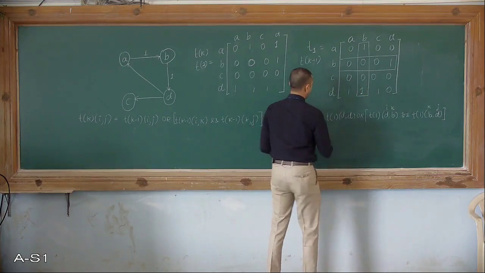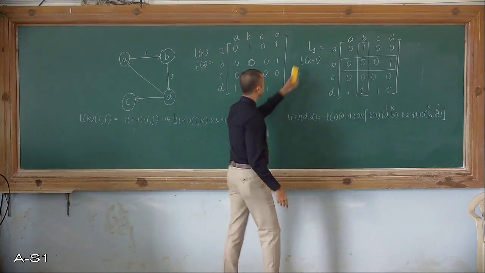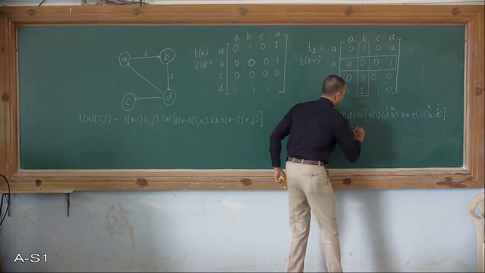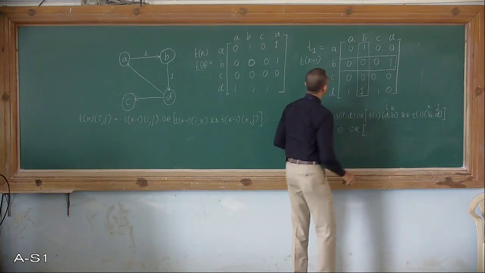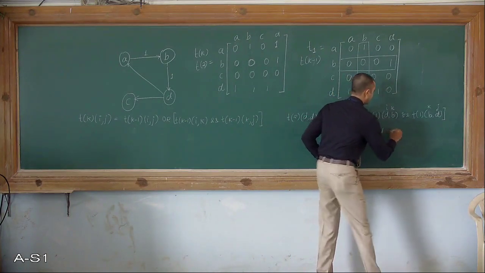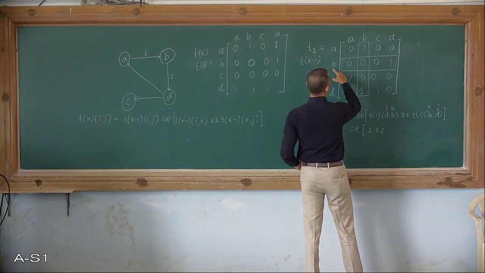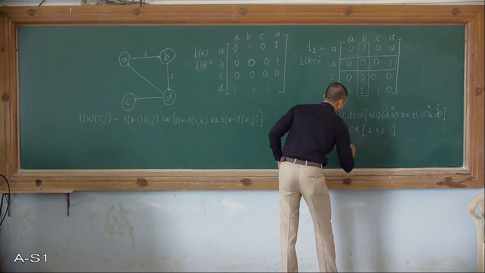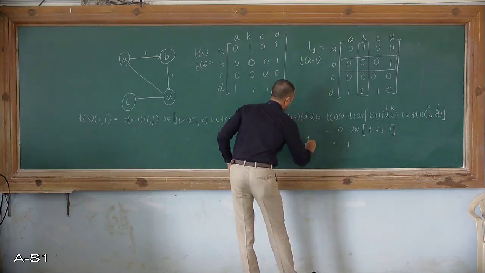In T1, what is D to D? T1 D to D is 0, or T1 D to B. D to B is 1, and B to D is also 1. So this is going to be 1. So D to D, I'm going to have 1 over here.